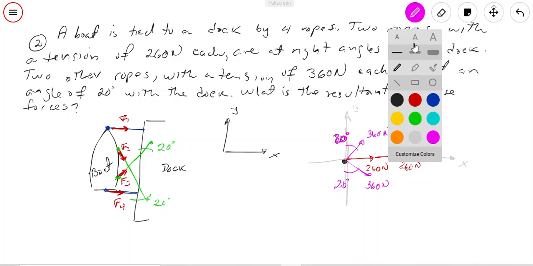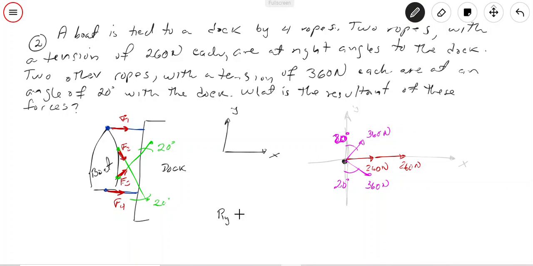So let us make a calculation to show you what the resultant in y is going to be. You're going to see how it's going to be equal to 0. The resultant force in y will be the projection of this force of 360 newtons on the y-axis. This side here is the adjacent side to the angle, so it will be cosine of 20.